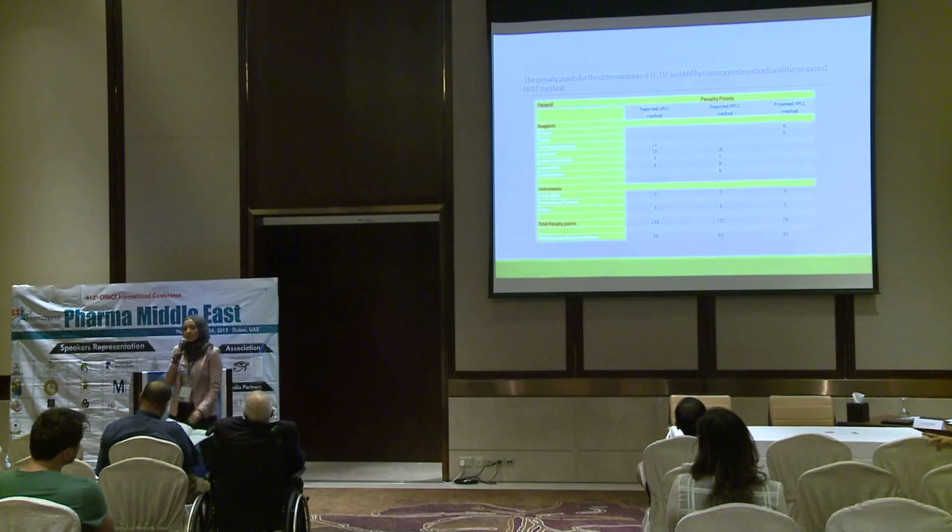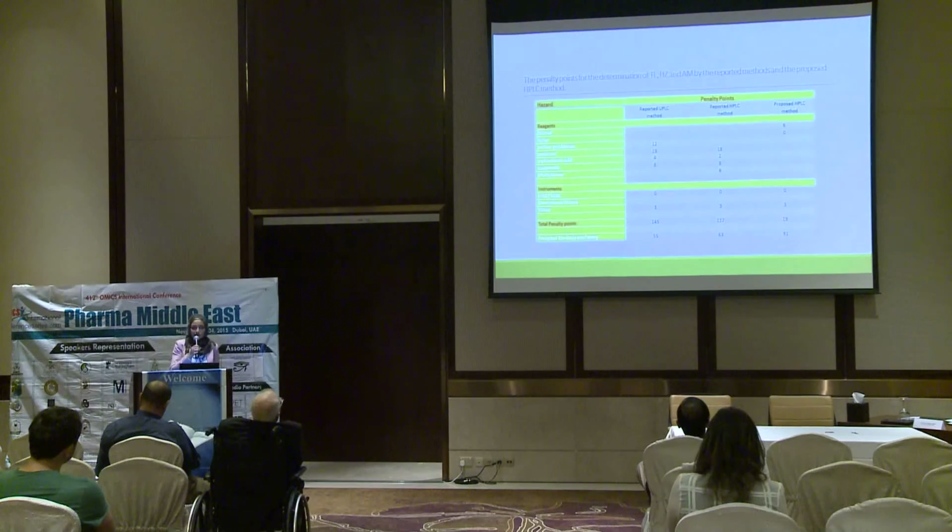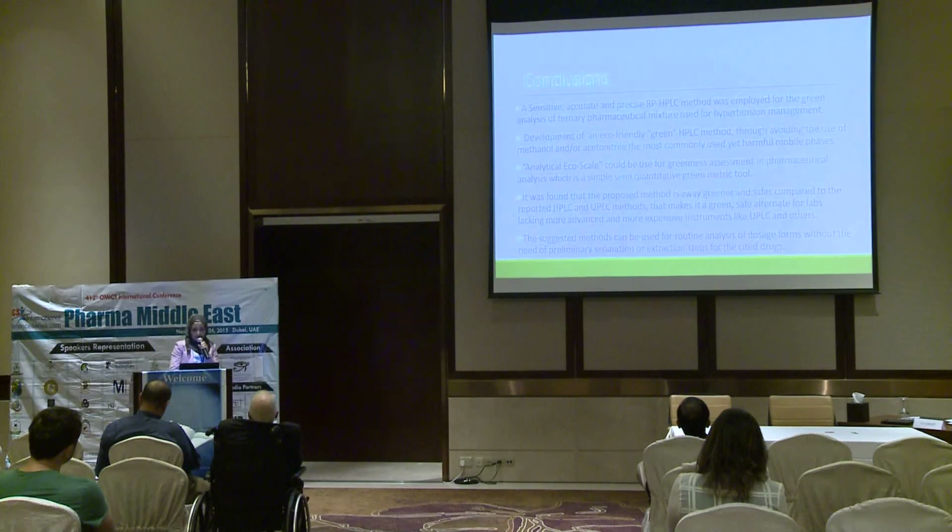So although we use an HPLC method, which compared to the UPLC method could be considered less environmentally green, we can use the instruments already in our lab, so it presents a greener alternative in labs with less expensive and less modernized instruments.